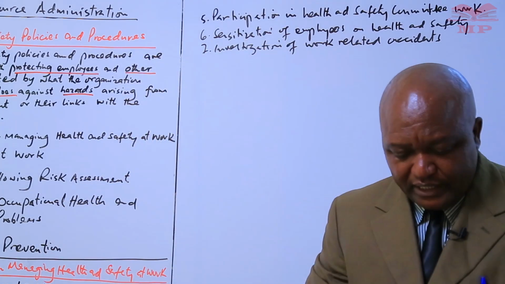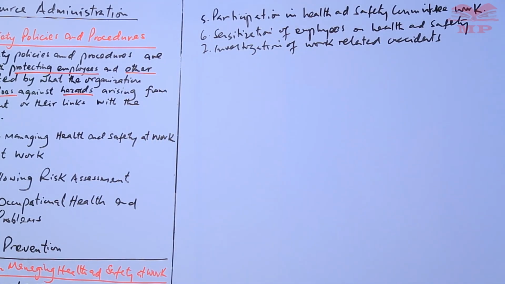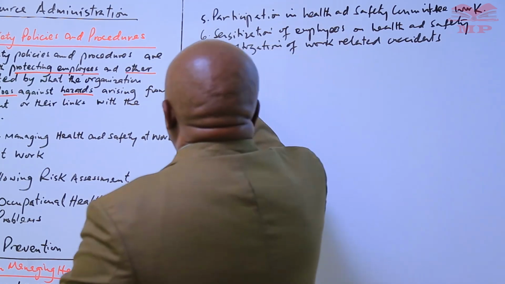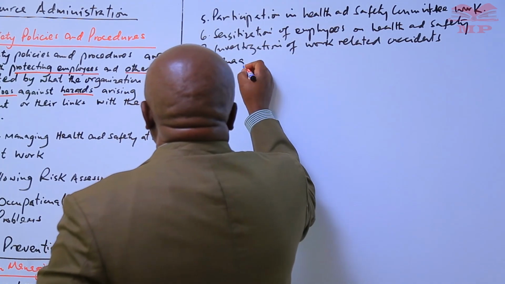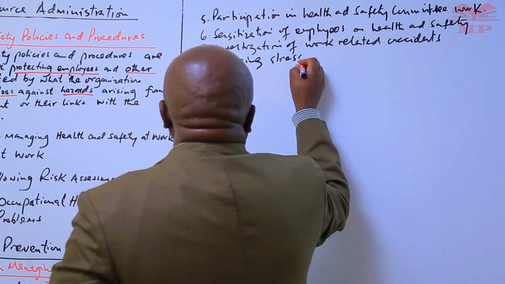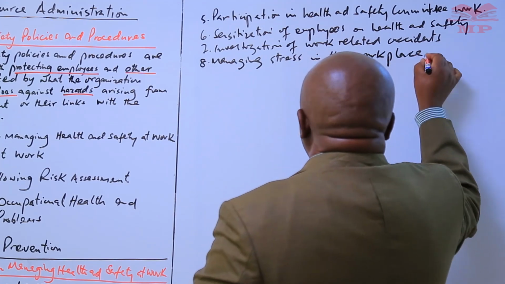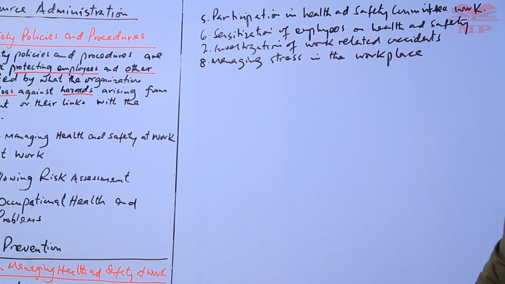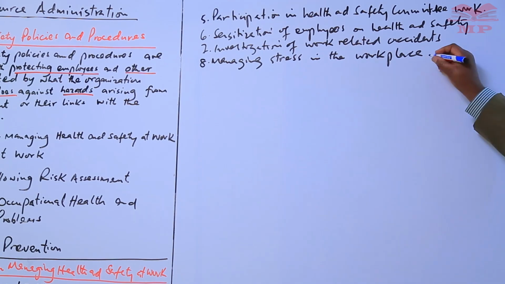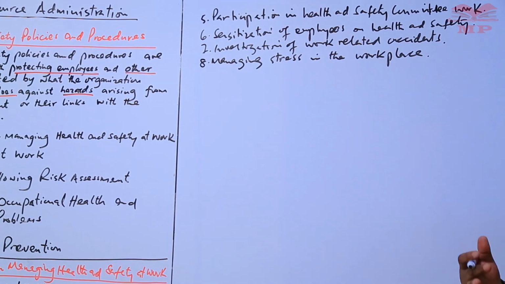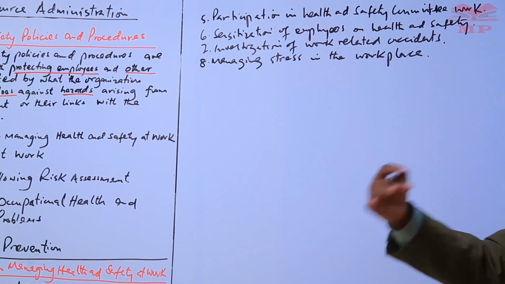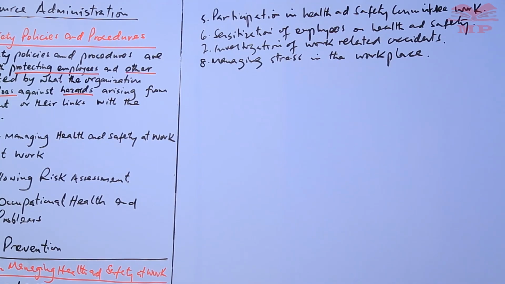Accidents may take place within a work environment, and there could also be other areas, like, for example, managing stress in the workplace. Now, this stress may be brought about by employees who have been given, for example, certain targets. Employees have certain targets to meet, and they will be stressed if the time is reaching and these employees have not met those targets. So that again becomes an issue that has to do with employees' health, employee work well-being, and so on, among other places.